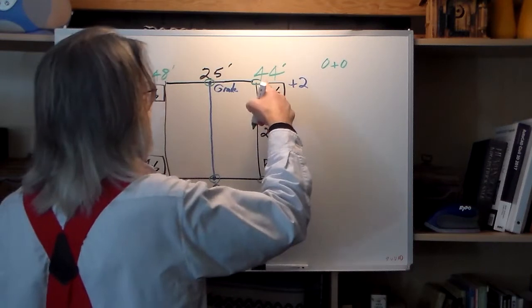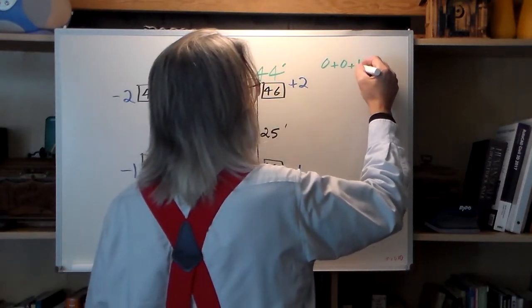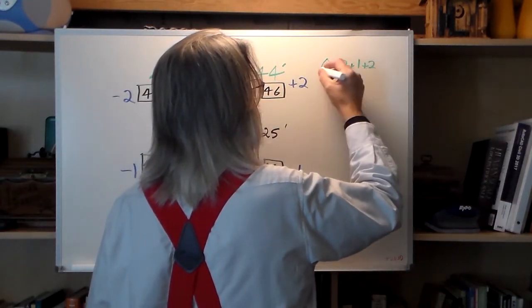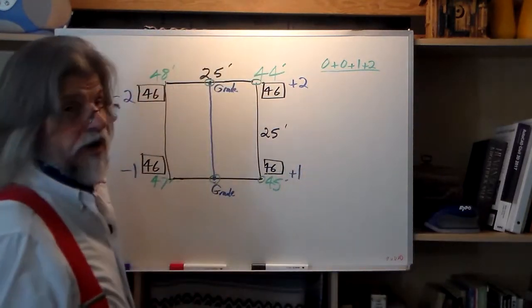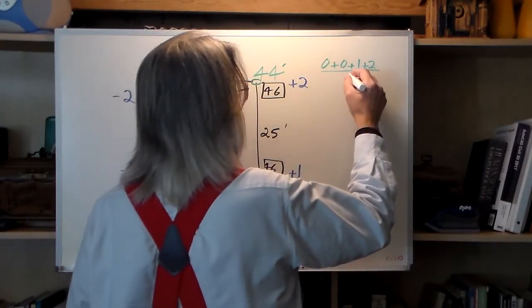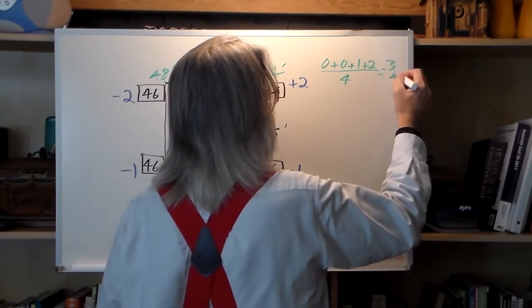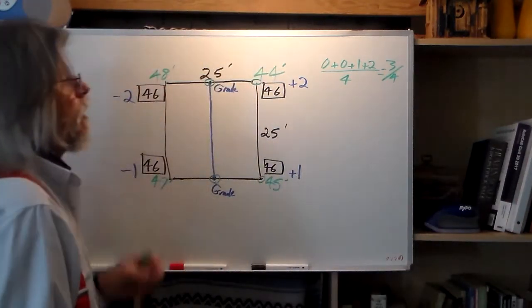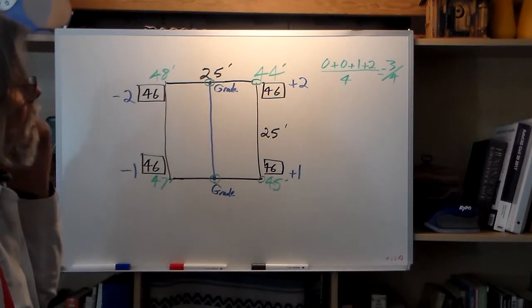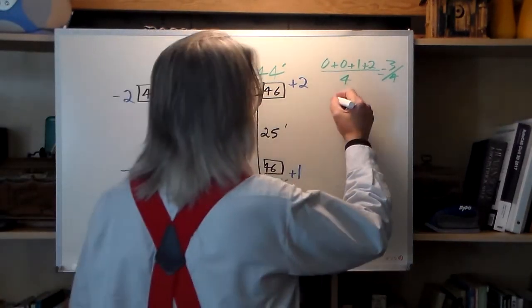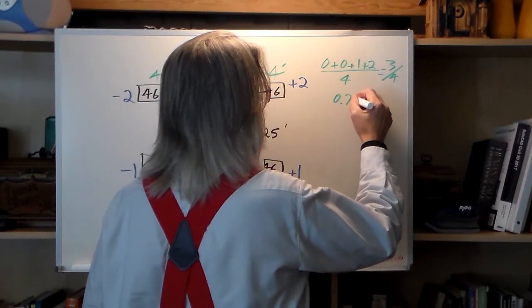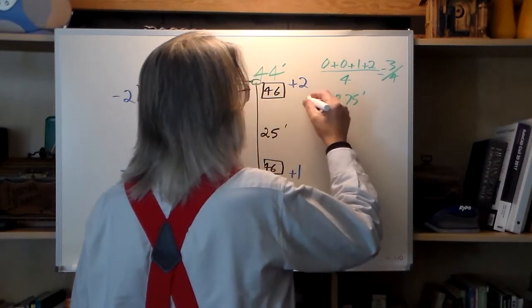And here we have 1 and 2, plus 1 plus 2. And we average those out, divide that by 4, that's equal to 3 over 4, right? That is our average depth, or 0.75 feet.